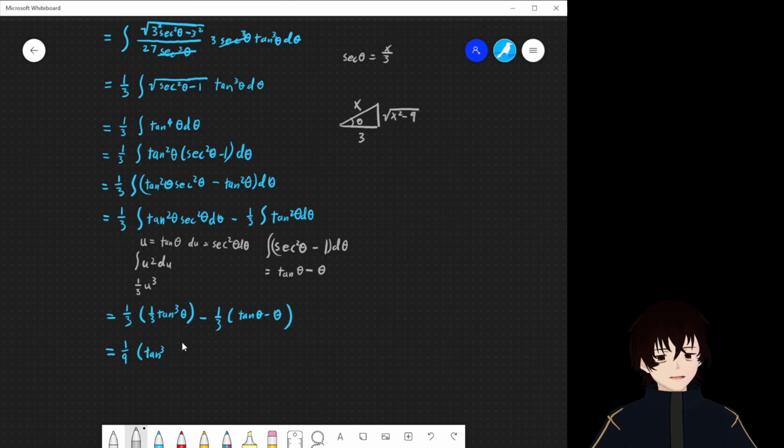So tangent of theta, am I doing this right? Tangent of theta is opposite over adjacent.